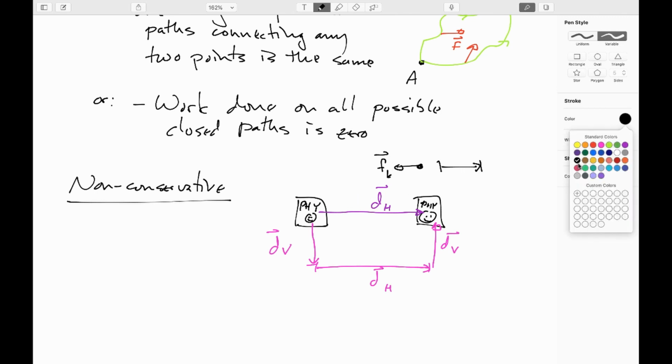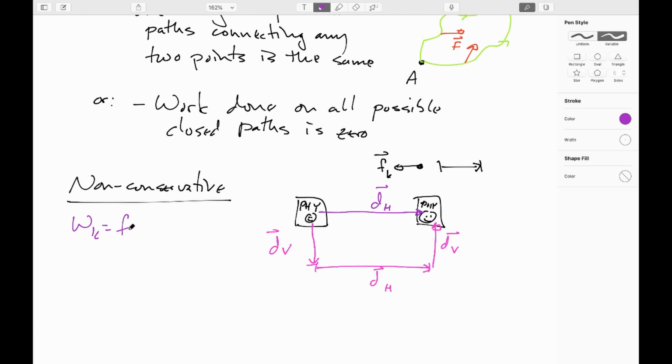So for the work done along the purple path, the work done by kinetic friction will be equal to the force of kinetic friction times d horizontal times the cosine of the angle between the displacement and the friction, which is 180 degrees.